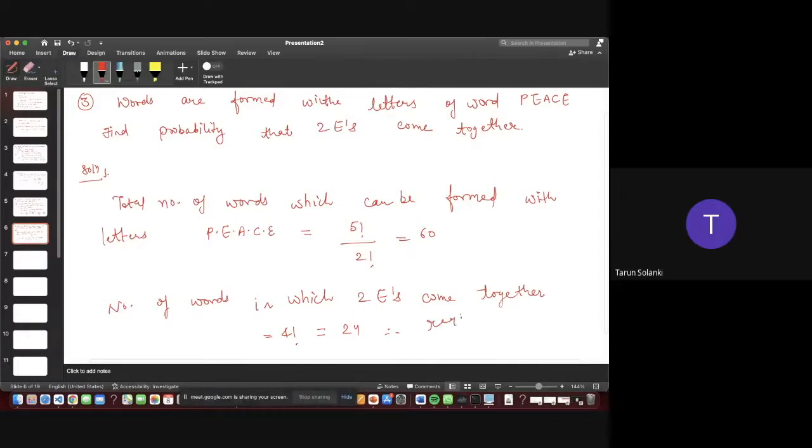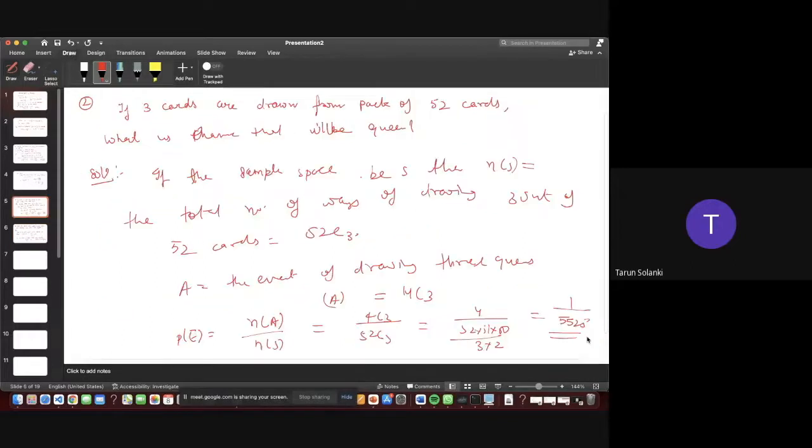So the required probability is 24 by 60, which is 2 by 5. Okay. So this is our second problem. So first you copy these two problems, then we'll look at one more problem. First copy this one.